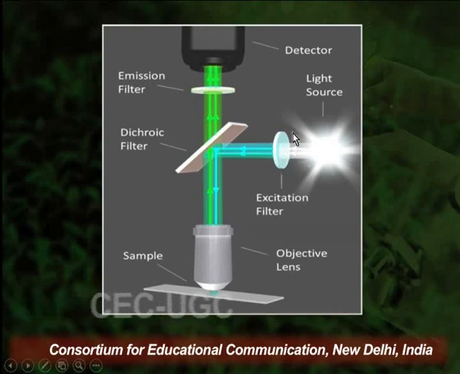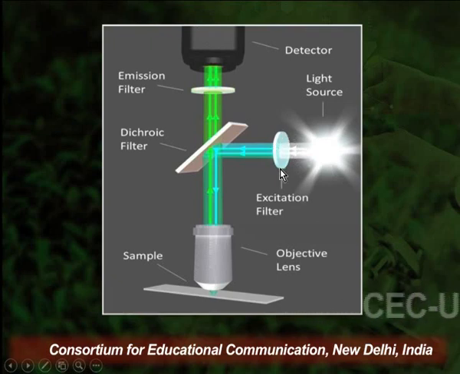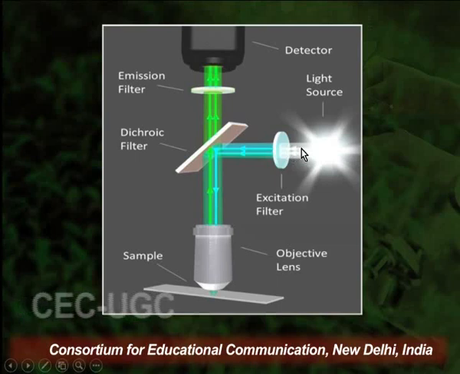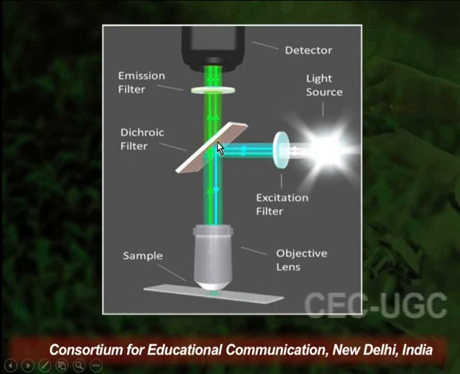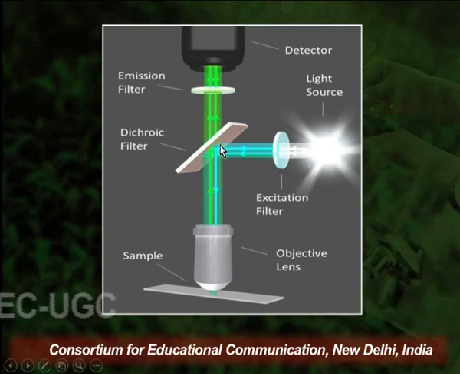So the light belonging to the illumination spectrum only gets passed through the excitation filter, and this gets reflected by a dichroic mirror or dichroic filter.